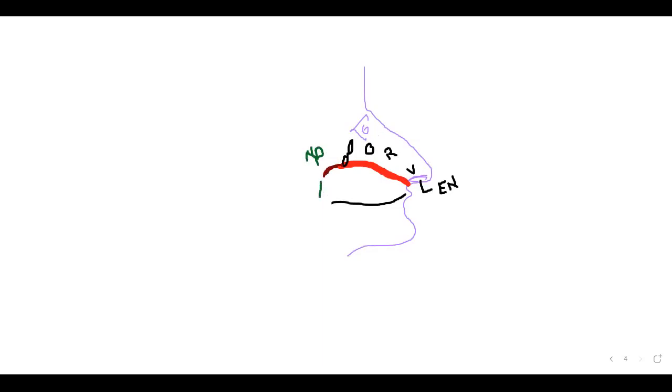Nasopharynx opens into the trachea. This is the trachea, and at the base of the trachea we find an opening. What do you call that opening? Glottis.